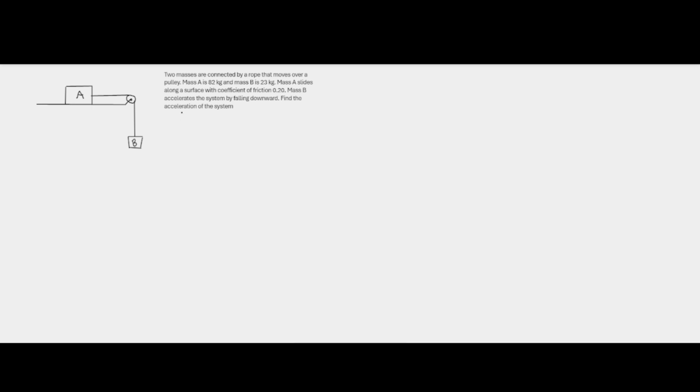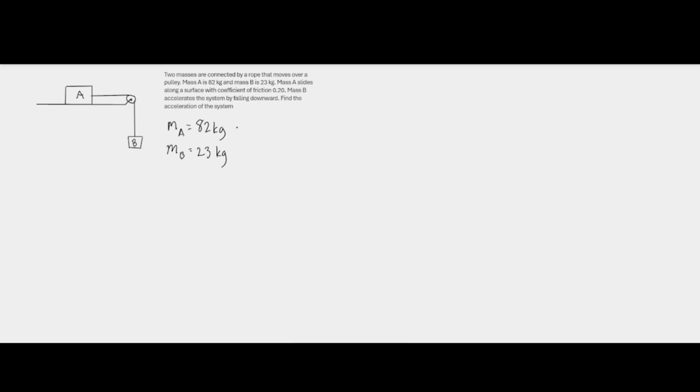So let's write what we are given. The mass of A is 82 kilograms. We have the mass of B as 23 kilograms. And we're told that there is a coefficient of friction of 0.20.